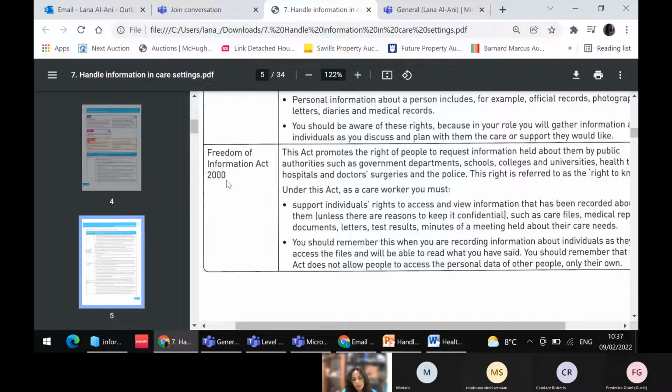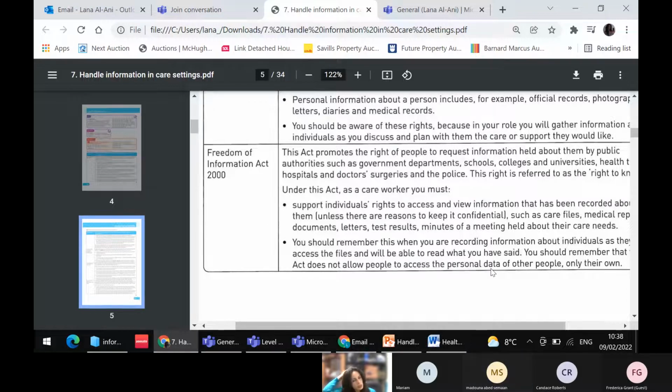So the Freedom of Information Act 2000 is all about supporting an individual's right to access their own information. And also you should remember this when you're recording information about an individual, that they will have access to this information. You should remember that the act does not allow people to access the personal data of other people.